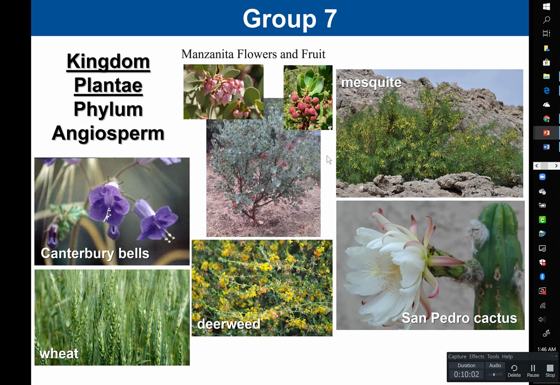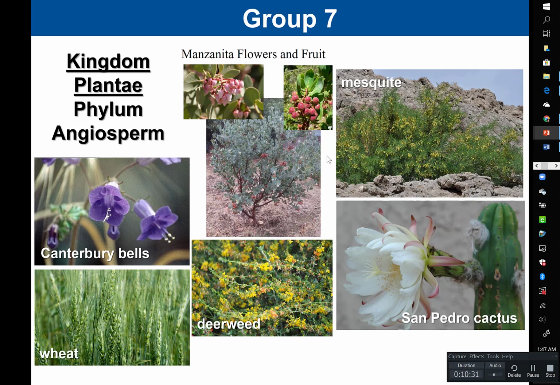Think about what advantage a fruit gives a plant. Plants are stationary. They don't walk to different areas. So in angiosperms, the evolution of having a fruit is an advantage because fruits are tasty to animals. Animals come along and eat the fruit, and the seeds go with the animal.